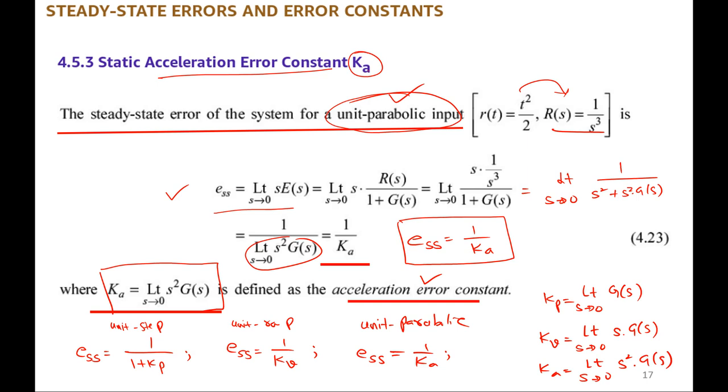I hope you understood. This is for unit step input: the position error constant whenever we apply the unit step. Whenever we apply the unit ramp input, that is the velocity error constant, limit s tending to 0, s into g of s. Whenever we apply unit parabolic, the acceleration constant Ka is limit s tending to 0, s square into g of s. All these things we have to remember. Just I have summarized for your convenience.